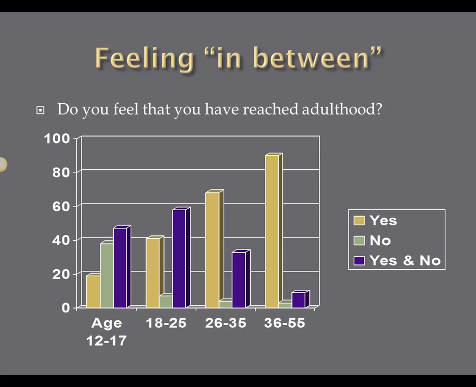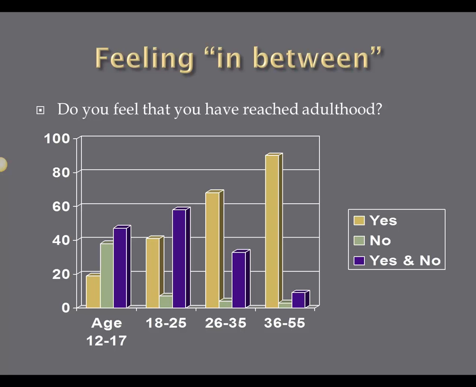26 to 35, you would think that these individuals would definitely identify themselves as an adult, but we still have a percentage identifying themselves as not being an adult. We have exponentially more people saying, yes, I have reached adulthood, but we still have a pretty significant percentage saying that they're still ambivalent.